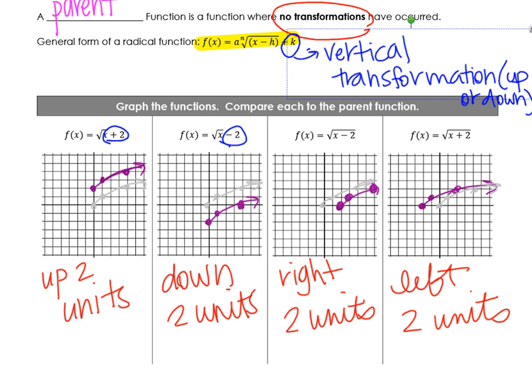Now, what we want to notice is when we were dealing with the second one, here we had x minus 2 and this was underneath the radical. Well, when you think minus, normally you would think either left or down, and this moved right. Here, when we had x plus 2, normally you would think up or right, and this moved left. So inside, that h, which should look familiar, is actually a horizontal transformation.